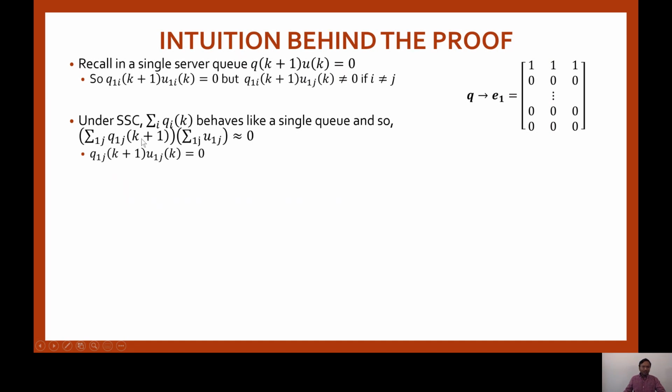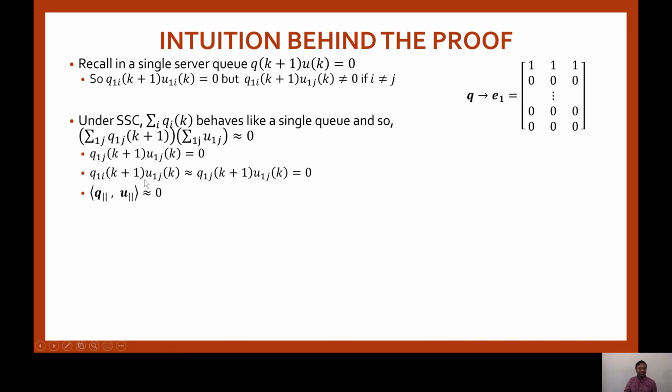Why is this true? When you expand this, you'll get q_j u_j terms, which are 0 by definition of a single server queue. And then you'll have cross terms which are problematic, q_i times u_j. But because of state space collapse, all these queues are essentially equal. So I can approximate this q_i by q_j. Then you get q_j u_j, which is essentially equal to 0.